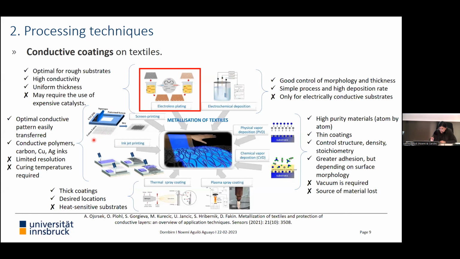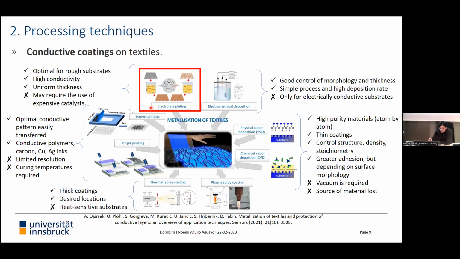And the last technique is electroless plating, also called electroless deposition. Caroline will talk later about this technique, but I just want to mention that we have been using this in our institute for creating conductive textiles.